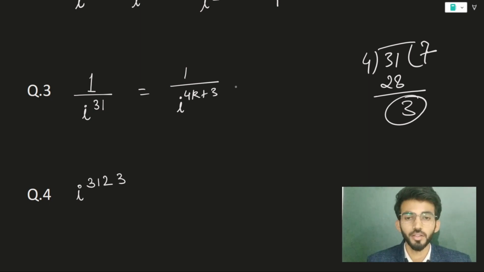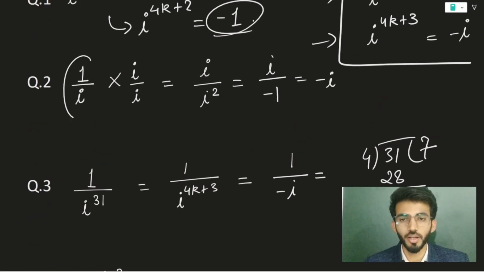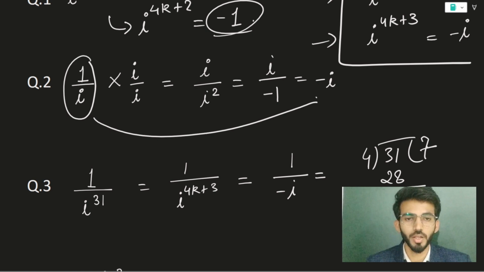And do you know the value of i to the power 4k plus 3? Yes, sir, it is the value of i cube. So i cube is minus i. So the answer is 1 upon minus i, and we have already seen that 1 by i is equal to minus i.